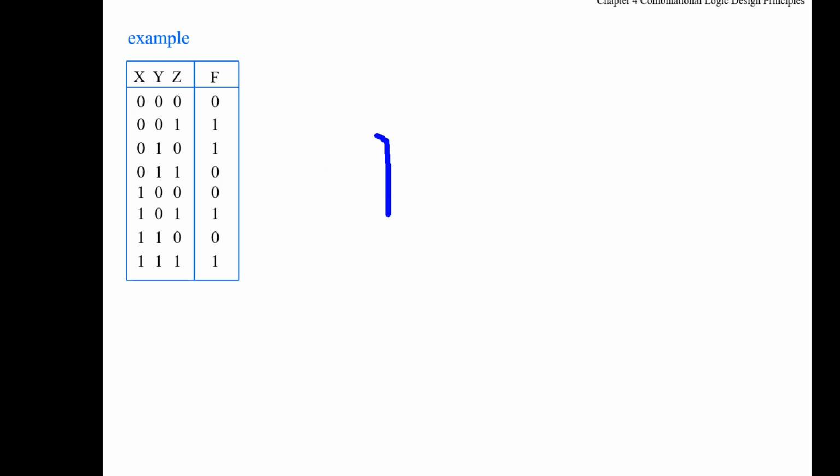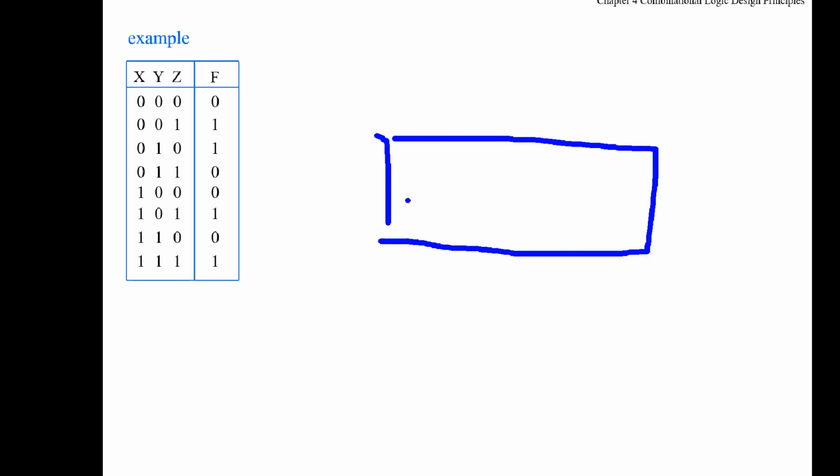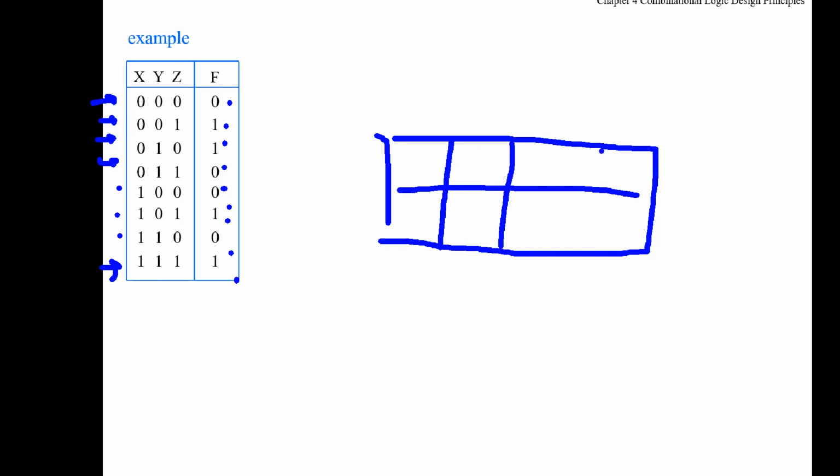Let me write this one. For this one, there are 1, 2, 3, 4, 5, 6, 7, 8 cases of the input. That means there are 8 outputs, one for each combination. So we write down a table like this, and for the input values, maybe I write x, y here and z here.